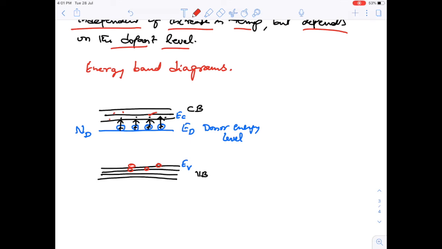So Ne is greater than NH. Now what is the gap between EC and EV? That is EG, the energy gap. So this is how the increase in the charge carriers mainly depends on how many donor atoms you have and what the donor energy level is, which usually lies close to the conduction band in an N-type semiconductor. This is all for N-type.